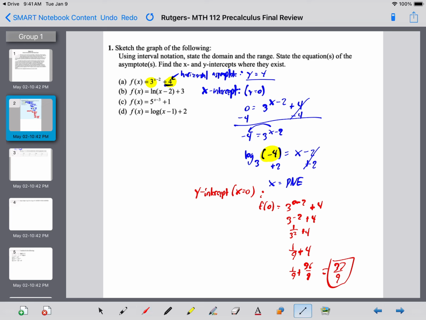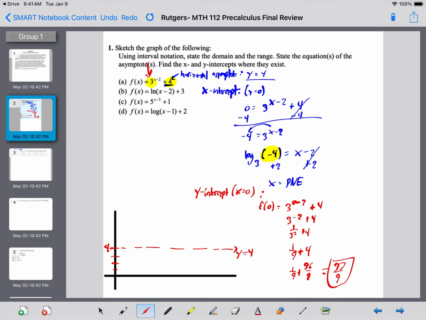Now let's do a quick little sketch. We said that there's a horizontal asymptote of y equals 4. So let's use a dotted line to show the horizontal asymptote. We said it's exponentially growing because the base is greater than 1.